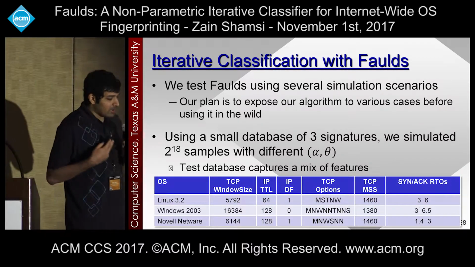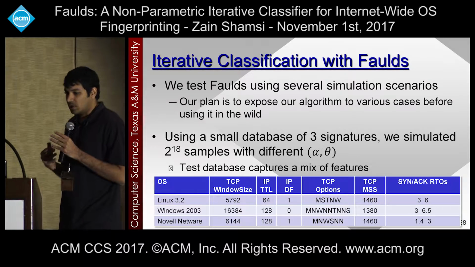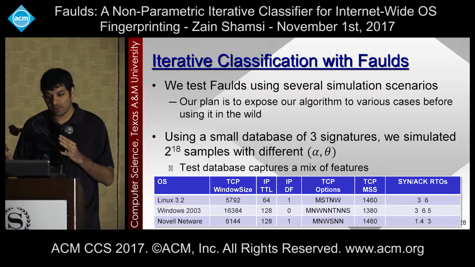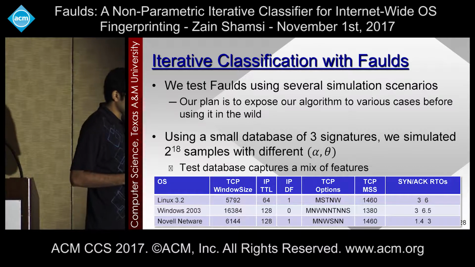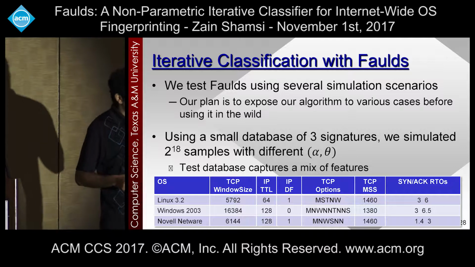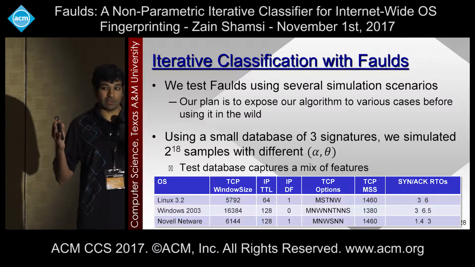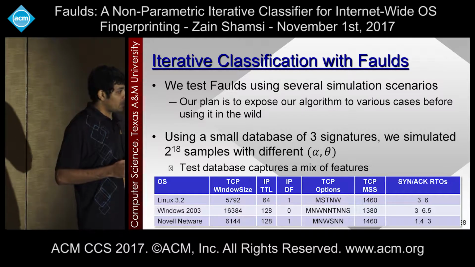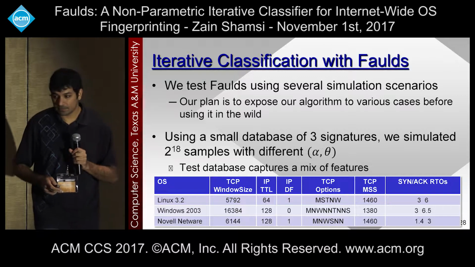So before we take this out on the internet, we want to test this in several simulations. Our plan is to expose this to various scenarios, see how it does, before using it out in the wild. So we pick 3 signatures in the Herschel Plus database, which contains 420 stacks, and we simulate 2 to the 18 samples with different alpha theta.